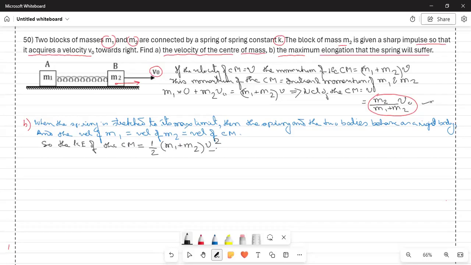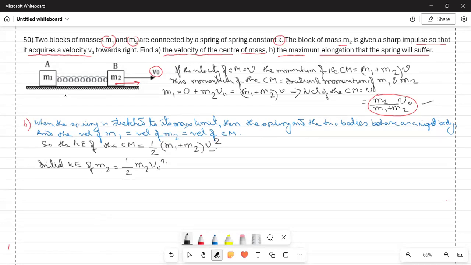And where has this kinetic energy come from? This kinetic energy has come at the expense of the initial kinetic energy of M2. So let us write the initial kinetic energy of M2, which is equal to half M2 V0 squared.